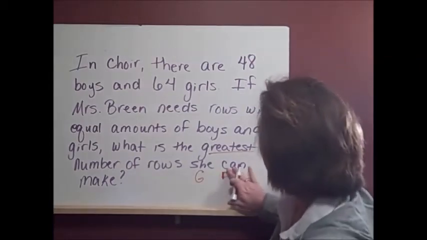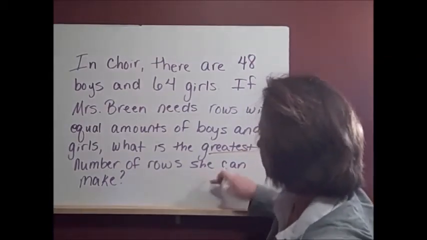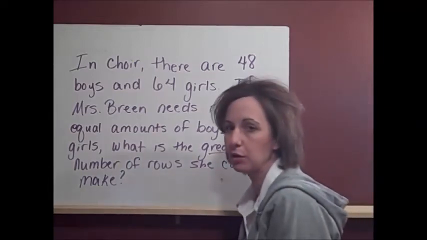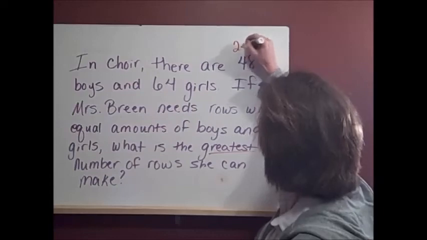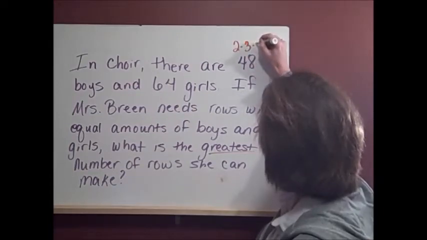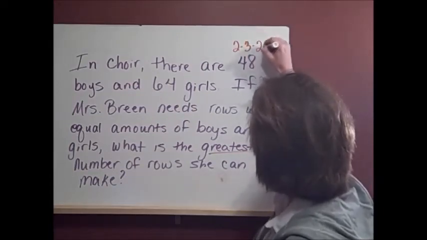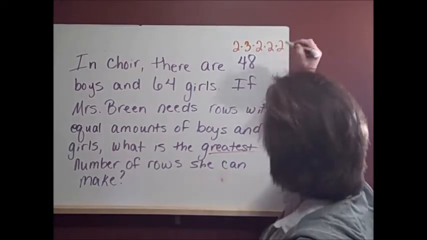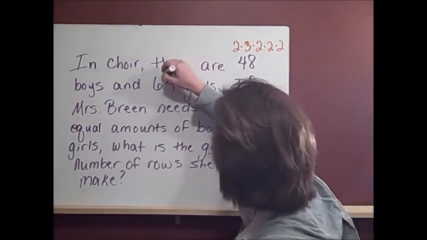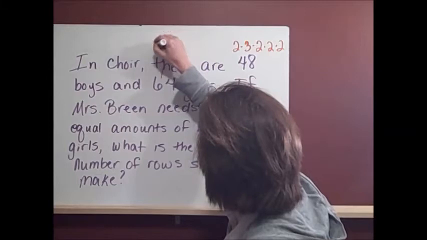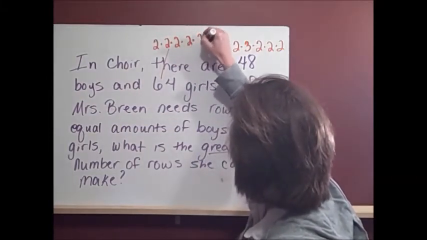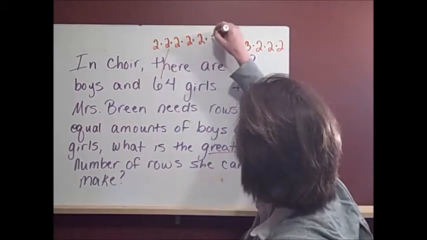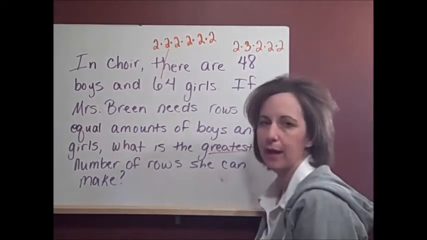The greatest common factor, you have 2 options. You can make T's or you can make trees. 48 happens to be 2 times 3 times 2 times 2 times 2. And 64 happens to be 6 sets of 2. That's my prime factorization.